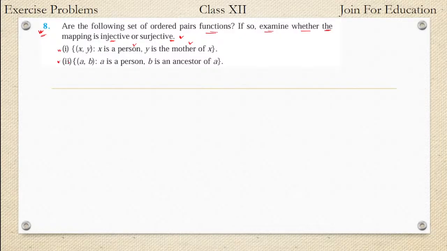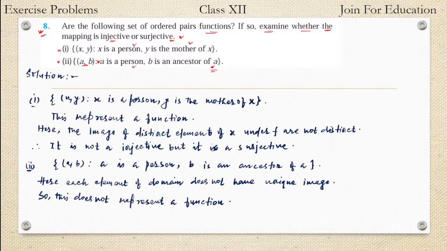Similarly, this is the second part of question number 8: ordered pair A, B is an element of a particular set such that A is a person, B is an ancestor of A. There is no problem to understand the question. Let's see the solution of this question.